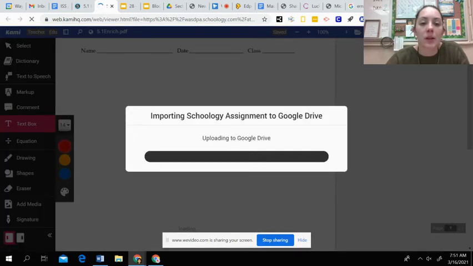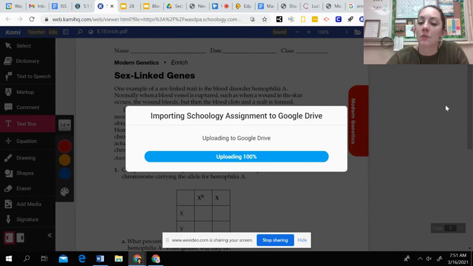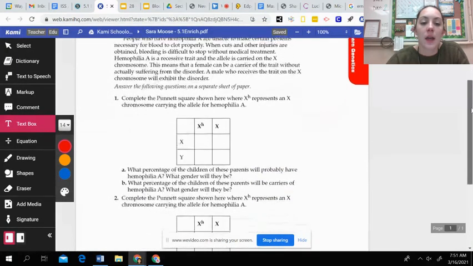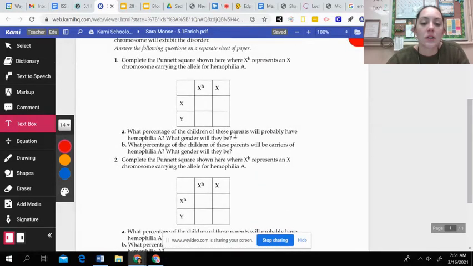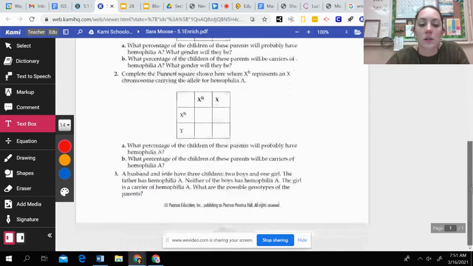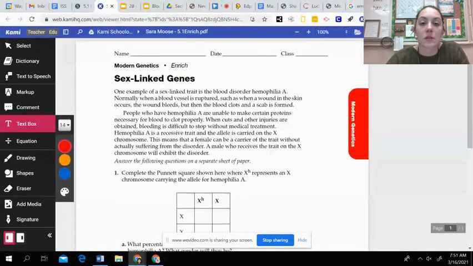Since we just went through blood notes, you might be able to use those to help you as well. But read through it, and then you can just type your answer behind it here or to the side when you answer the questions. But again, you'll fill out the Punnett square to determine the answer to the question.